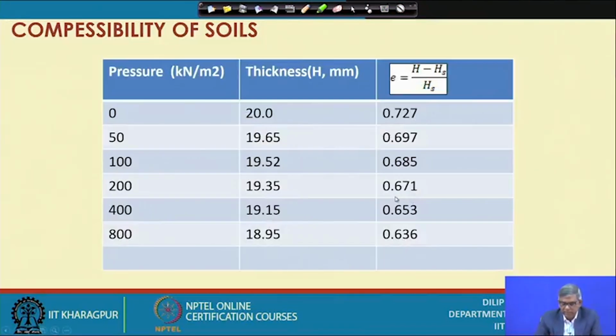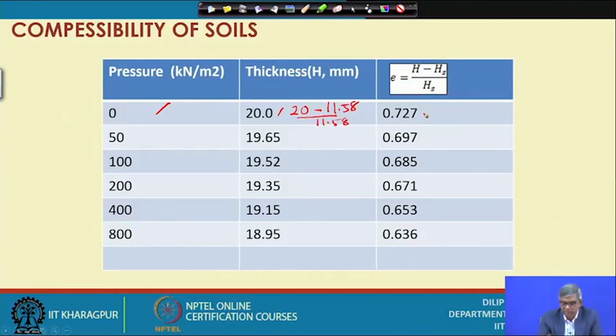You can see here, at pressure 0, the thickness is this. So, what is the void ratio? The void ratio is H minus HS by HS. The actual H was 20, minus HS 11.58, divided by HS 11.58.